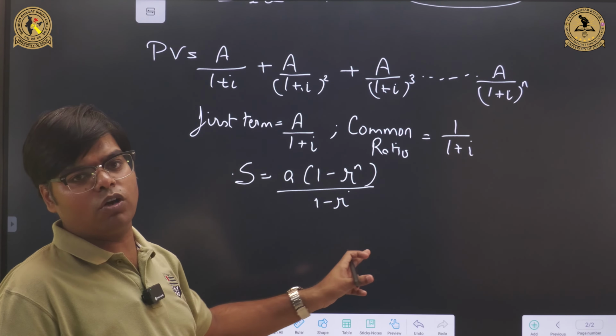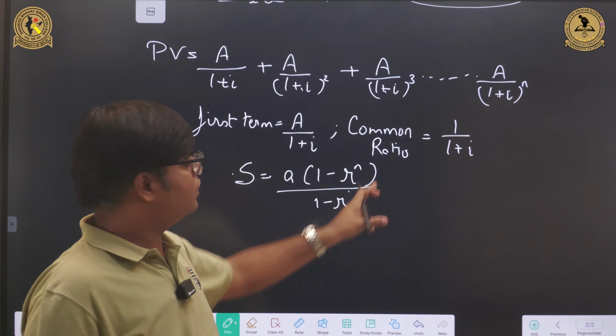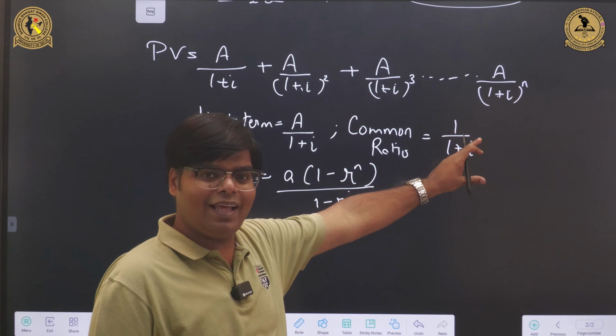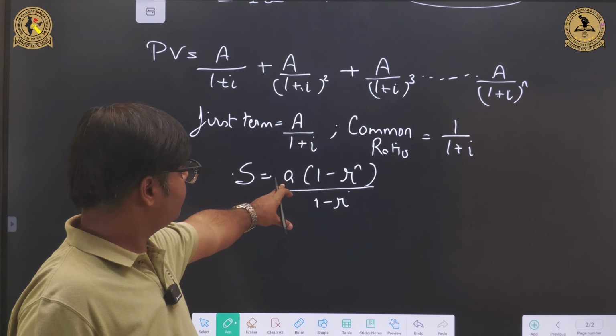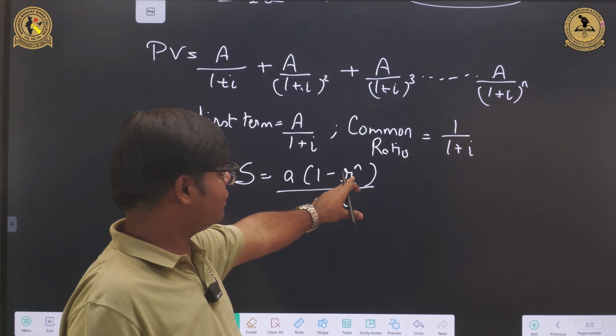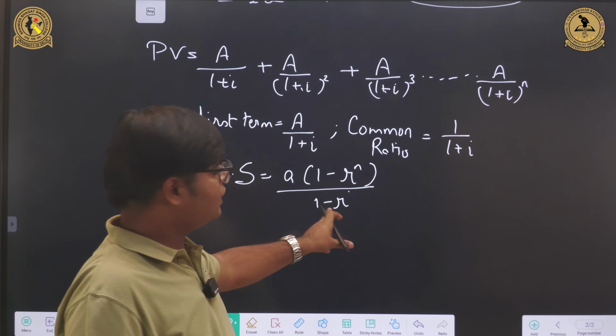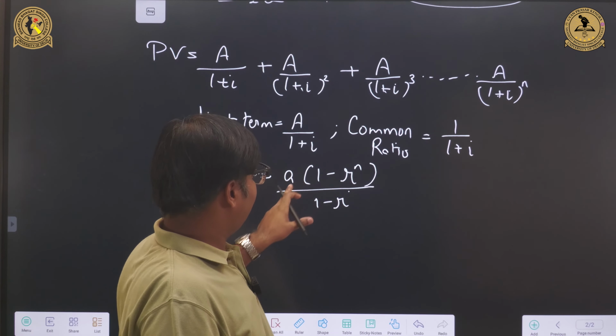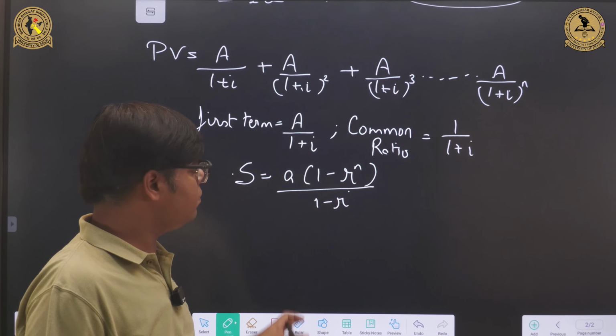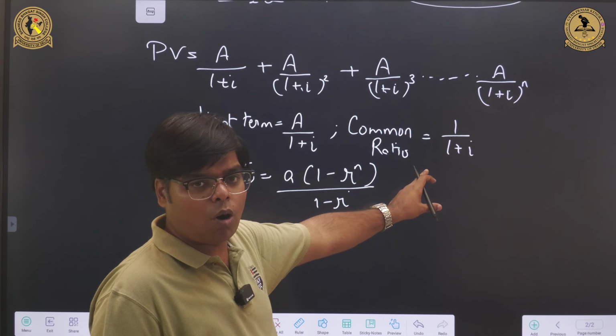The formula for sum of geometric progression where the common ratio is less than 1 is equal to A multiplied by 1 minus r raised to power n divided by 1 minus r. Here A represents the first term and r represents the common ratio.